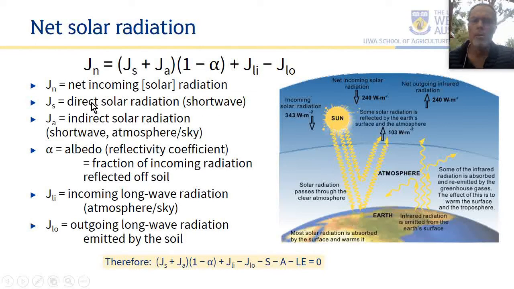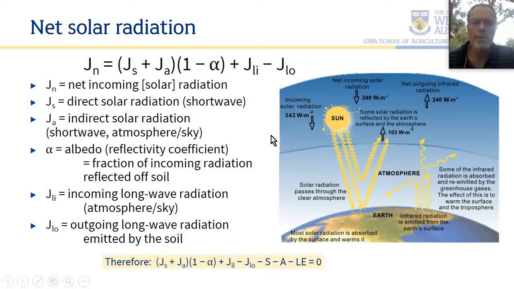It's what we call the indirect solar radiation. If we add up those 2 and multiply it by a certain factor, and this is important, it's 1 minus the albedo. And albedo, some of you may know this, is the reflectivity coefficient of our surface, right? So how much of the incoming radiation is reflected back.